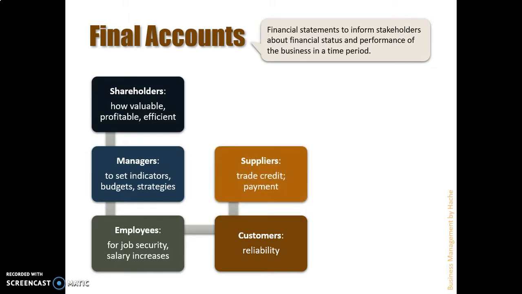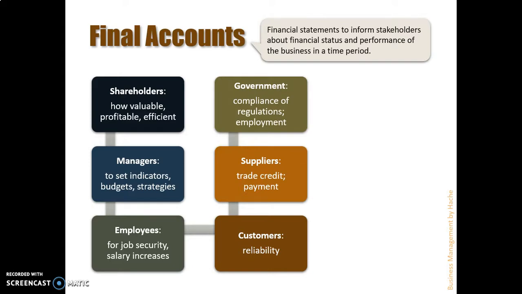On the other hand, suppliers would also like to take a look at your positive numbers. Why? Because if you have a trade credit with them, they would like to make sure that you have the money to pay back that trade credit. So they would like to see positive numbers in your final accounts. The government will also like to see from those numbers that you are following the rules, that there's compliance of regulations, that you are paying taxes properly, and following all regulations or rules.